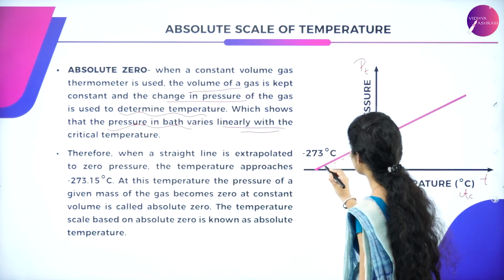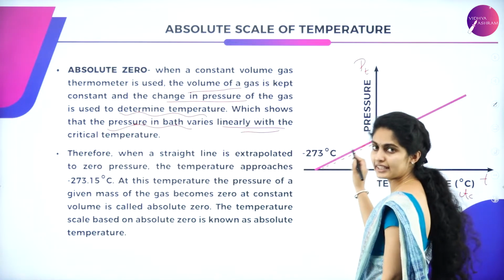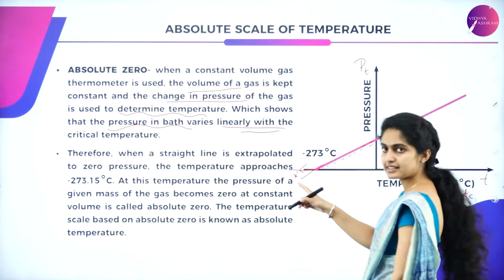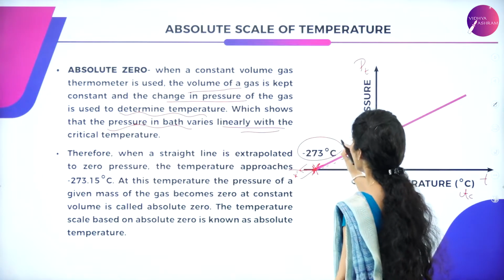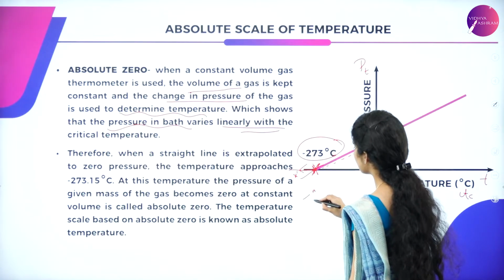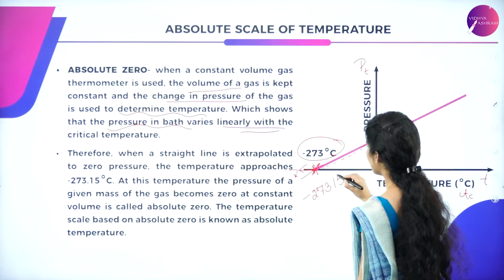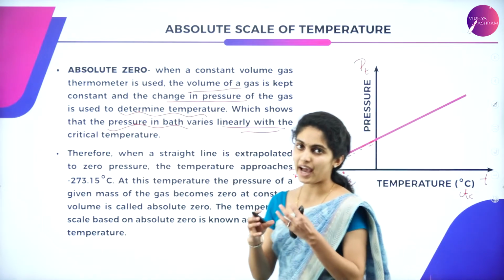Extrapolating means an imaginary line is drawn along the line itself, which meets the negative x-axis at x dash, and the value there is said to be minus 273 degrees Celsius, given as minus 273.15 degrees Celsius. So that is the value which we have got.